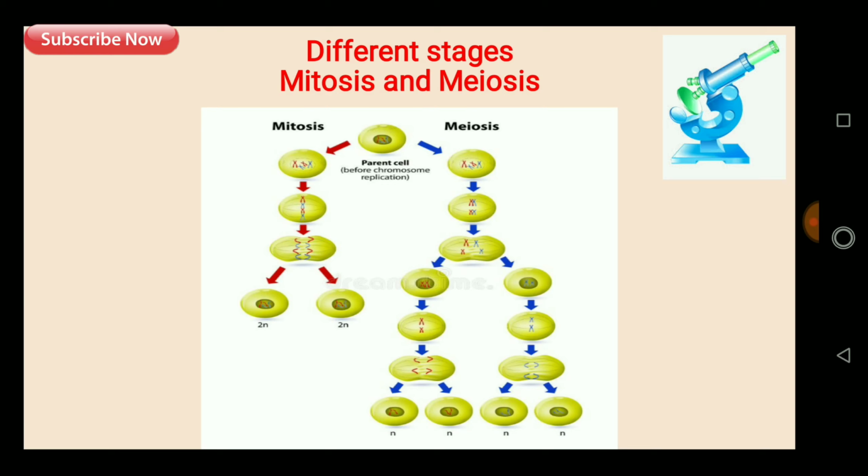And in the case of meiosis, it is a reduction division as shown in this figure. Here meiosis takes place in two ways, that is meiotic division first and meiotic division second. Now let us focus on mitosis.